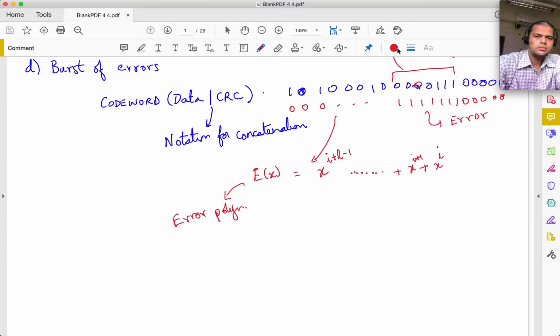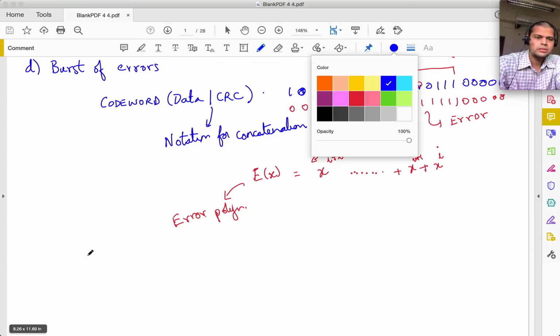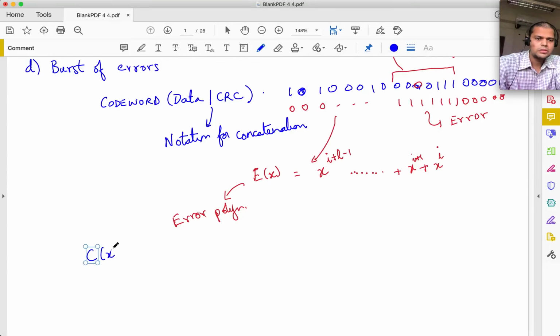So let's assume that the CRC polynomial looks something like this: x to the power of k plus 1, or it's of this form, and we can have anything here.